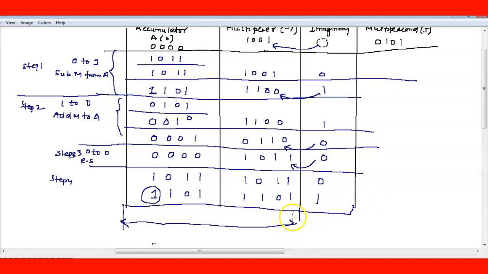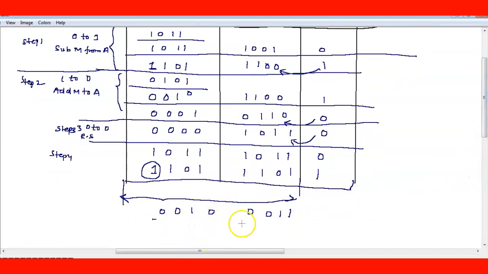Taking the second complement and using the powers 2 power 0, 2 power 1, up to 2 power 5, we get 32 plus 3, which is 35. So this number is minus 35. We got the value minus 35.